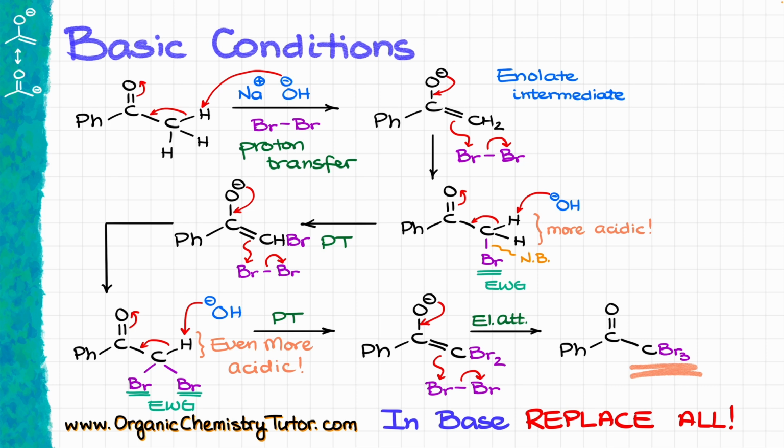So the excess of our reagent will guarantee that at least we are going to get an exhaustive halogenation rather than just stopping somewhere in a weird middle. So if you only want to place one halogen, you are going to do this reaction in acidic media, and if you want to do exhaustive halogenation, you are going to do it in basic media.